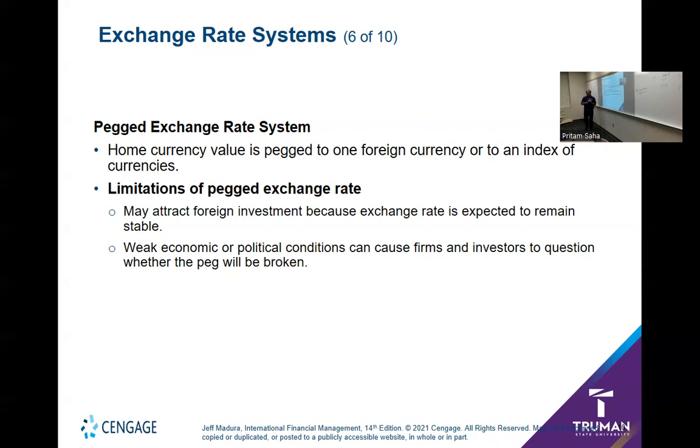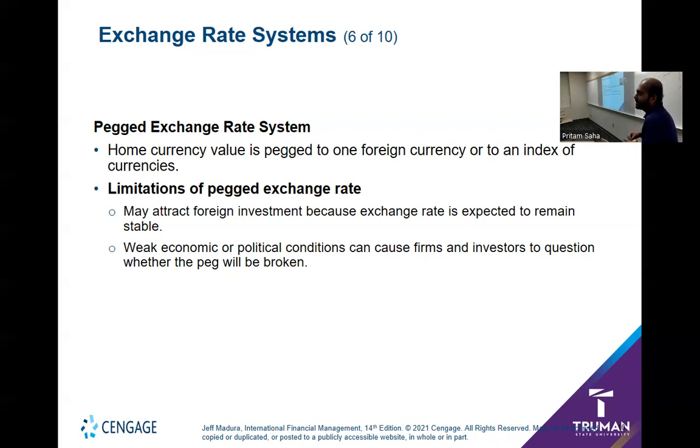Because if any currency is highly volatile, foreign investors may not be willing to invest in that country, because they may not be willing to bear currency volatility.